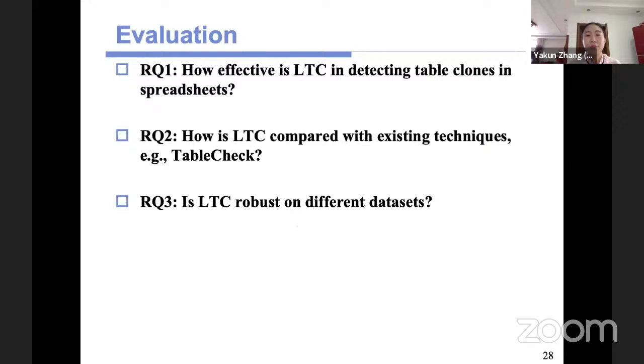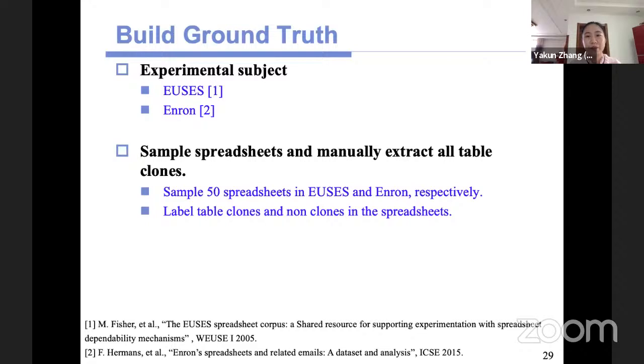To evaluate our approach, we raise three questions. The first is, how effective is LTC in detecting table clones? The second is, how is LTC compared with existing technologies? The third one, is LTC robust on different data sets? Because there is no such training data for table clone detection, we first build a ground truth for this approach.